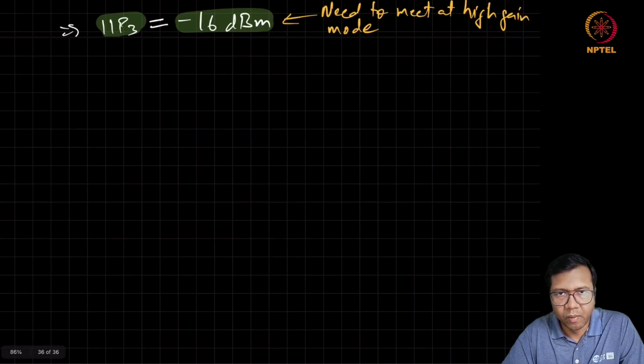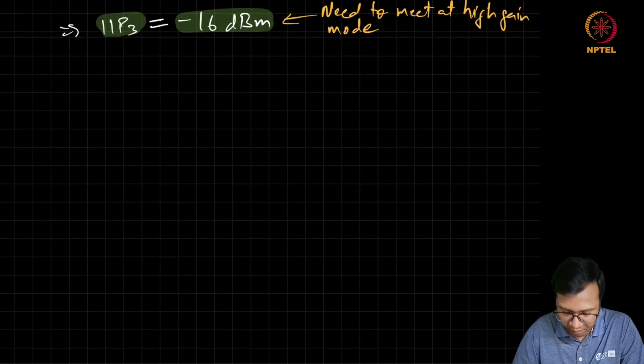Okay, finally, let us talk about the range of the gain which is required for the receiver.